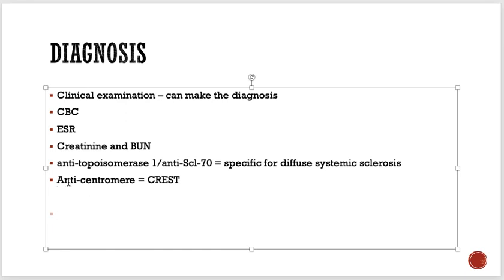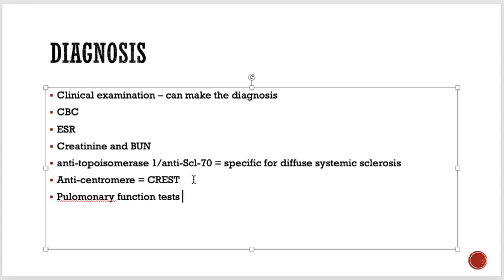Very easy to remember, guys. C, remember from C. C for CREST, C for centromere. And the other one is the specific one for diffuse. Okay. Now, if there is pulmonary hypertension, you can do investigations for that. Or, for example, if there is interstitial lung disease, you can do a pulmonary function test.